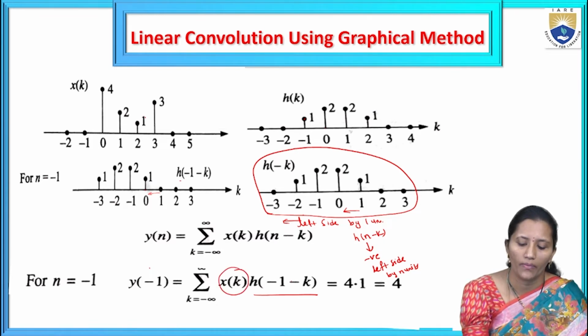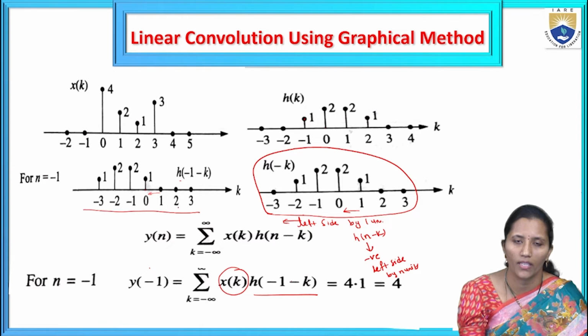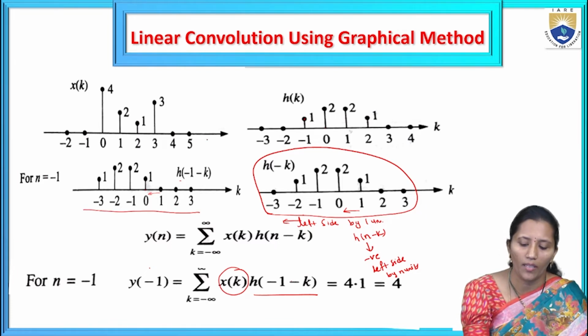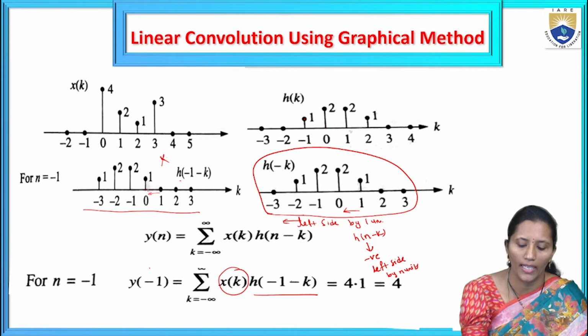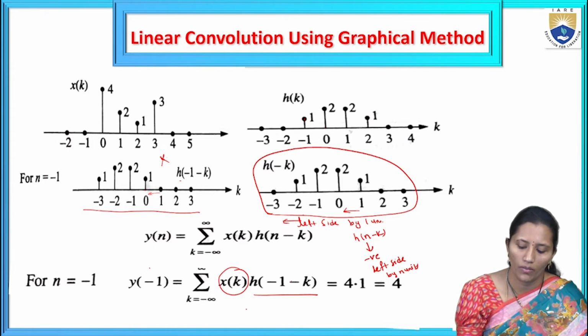So here the x of k we are representing in the graphical representation, and as well as h of minus 1 minus k also. Multiply these two sequences, we will get x of k into h of minus 1 minus k. How to multiply these two sequences? The corresponding index values of both sequences will be multiplied. The amplitudes will be multiplied here. So at minus 3 we don't have any sample for x of k, so 0 into 1 is 0.